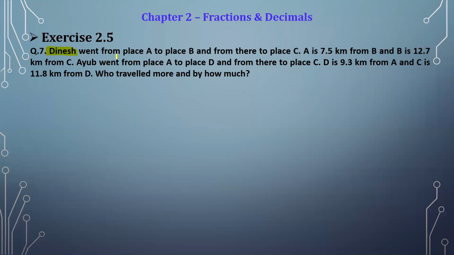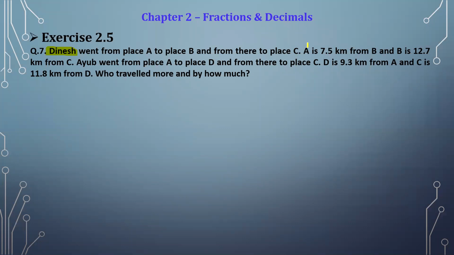Dinesh went from place A to place B, and from there to place C. That means initially he is moving from place A to place B, then from place B to place C. So we can say that he is taking a turn at place B.